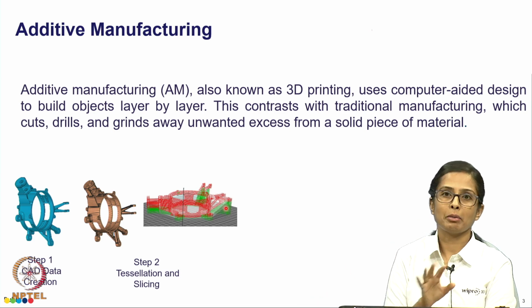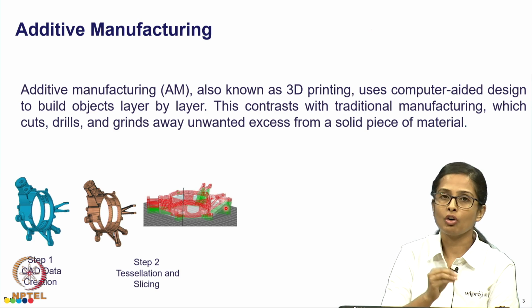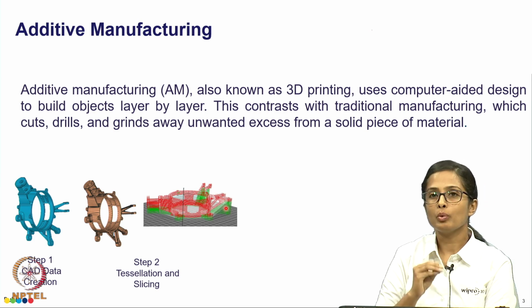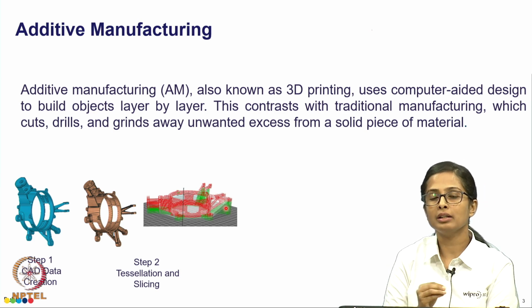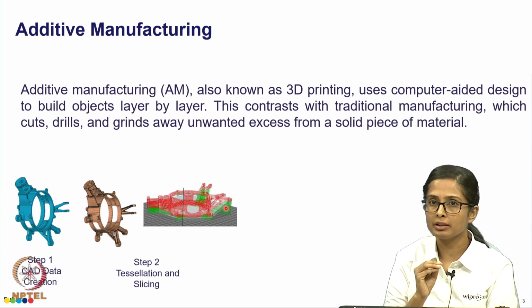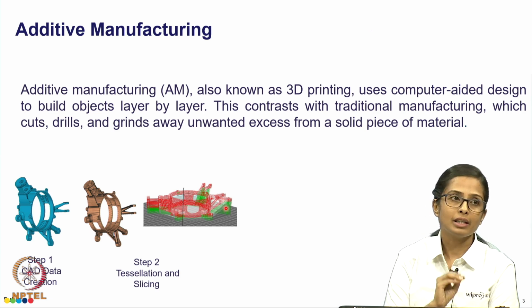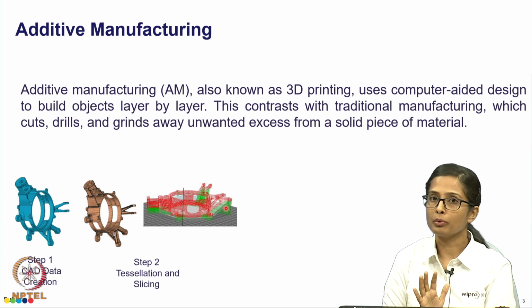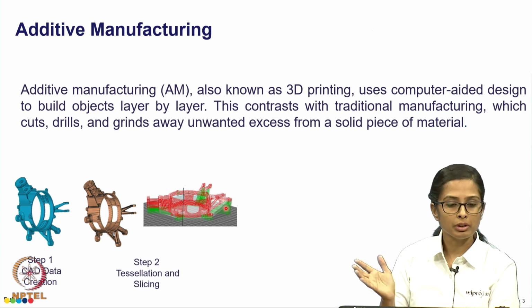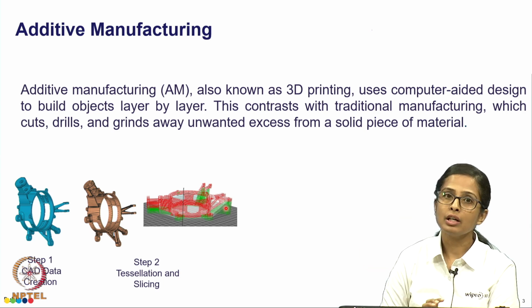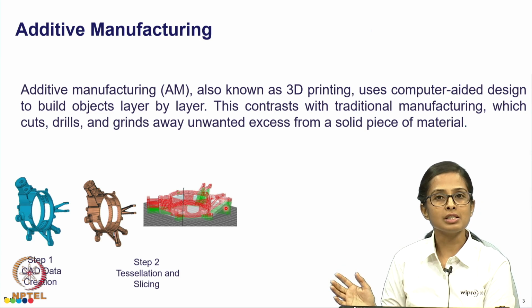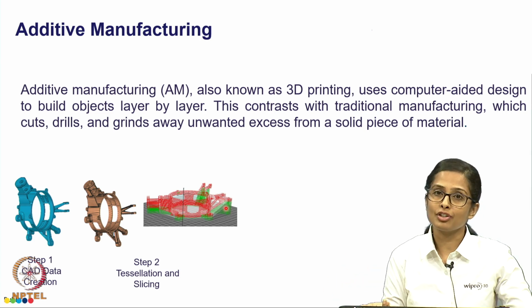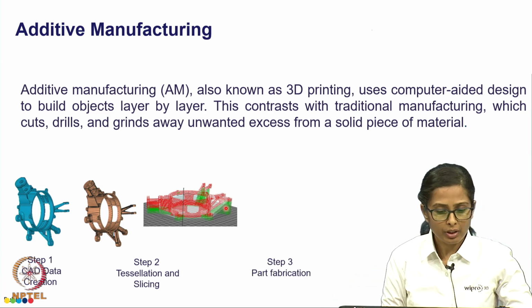So, in additive manufacturing there is something called as supports, which are required in many cases to print the part, but these support structures are not a part of the actual component. So, after the printing process is over, we need to remove these supports. So, these are sacrificial in a way.